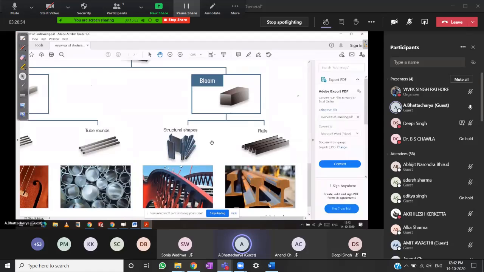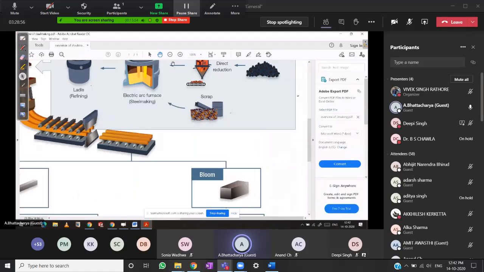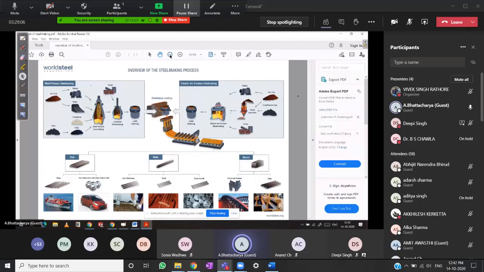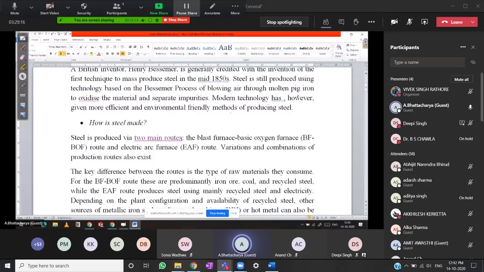So to the next. This is all, in brief, an overview. Now we'll come to all these aspects. There are two main routes: the blast furnace, basic oxygen furnace route, and the electric arc furnace route. But I'll explain what these are.